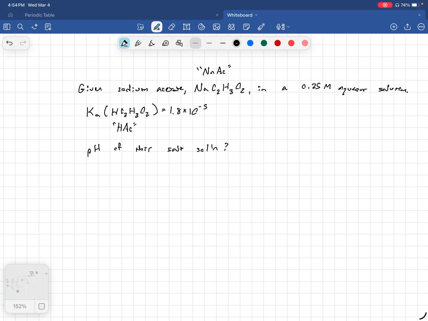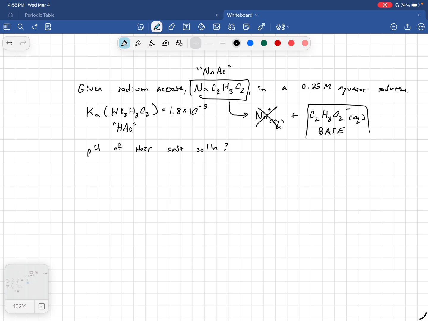Now, the moment you see Ka, you're going to think, oh, I need to solve a Ka problem to solve this. However, that is not what we have. We were given this solution, and note that this dissolves to form sodium ions, which do nothing and we can ignore, and then C2H3O2 minus ions, which are bases.